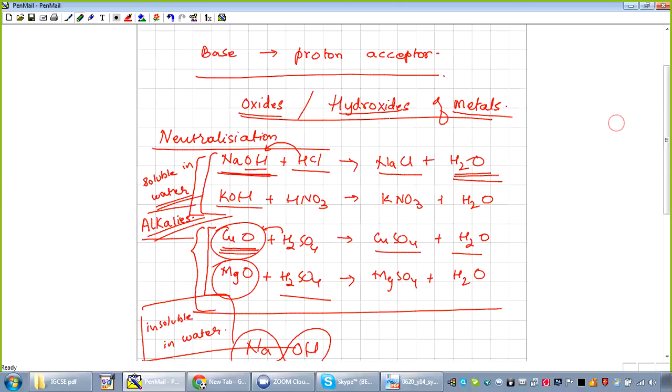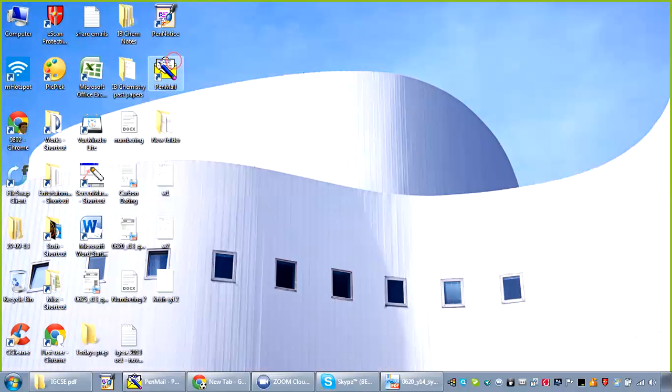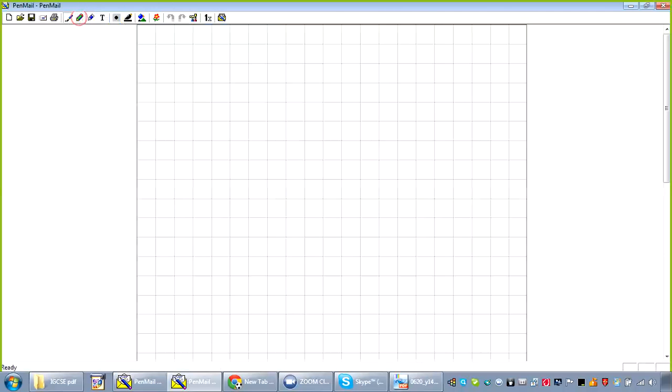Even these oxides. Suppose I am considering here the oxide of, say, sodium or potassium. Let me take an example: this is sodium oxide, this is potassium oxide.